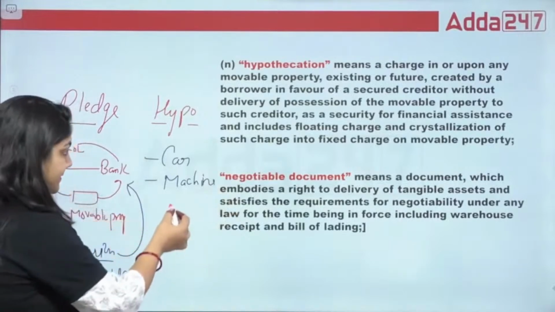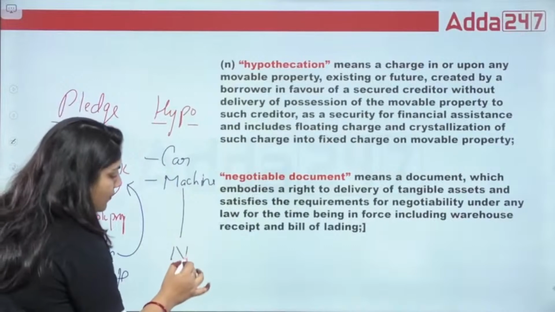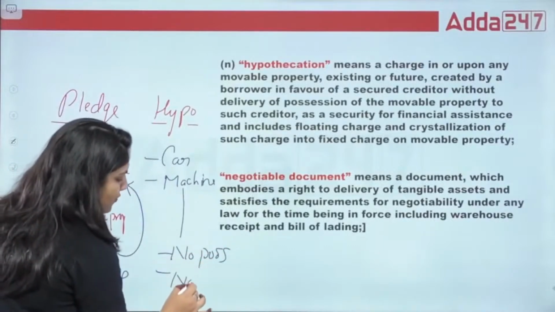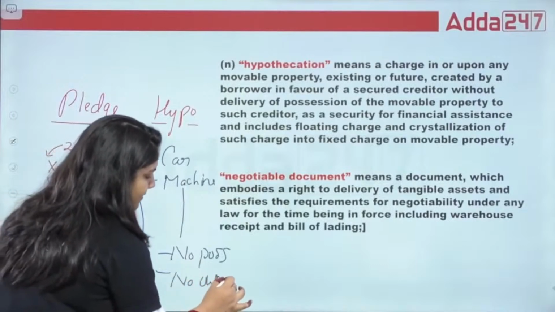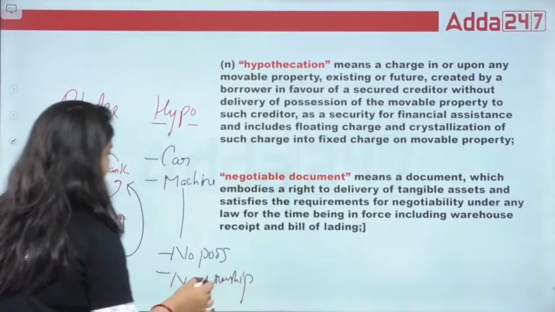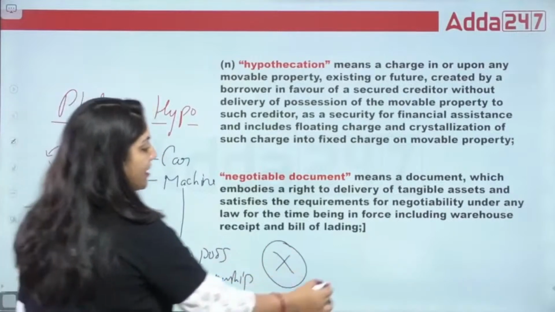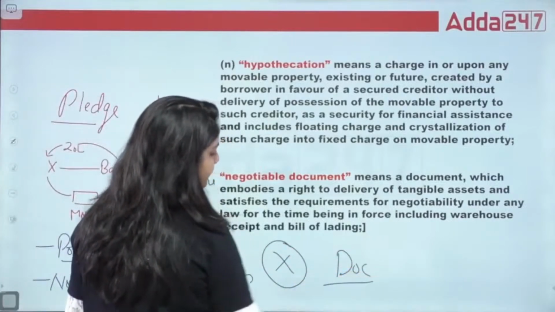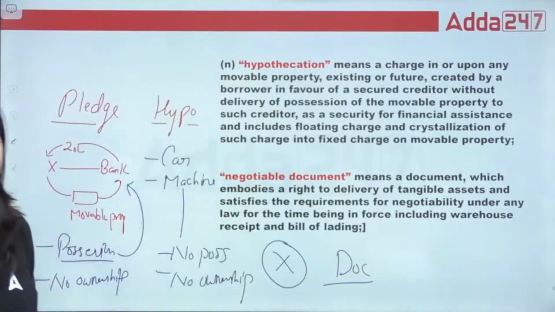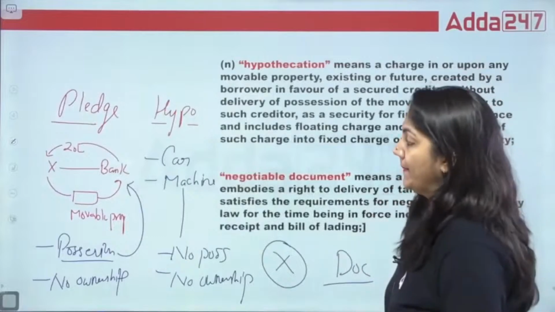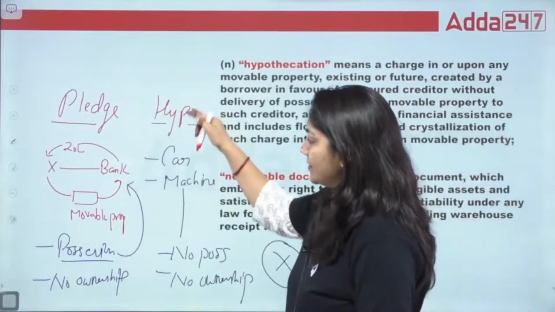In that case, no possession is transferred and no ownership is transferred. It means the ownership and possession remain with the X person. Only the document is transferred. Is that okay? This is your hypothecation.